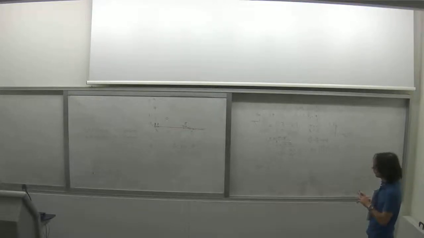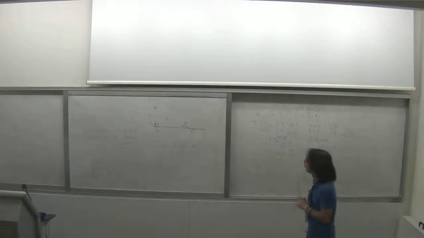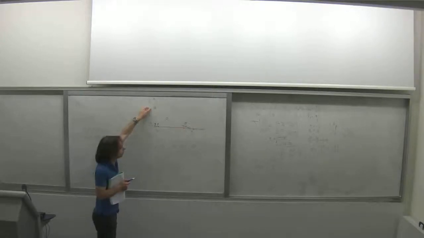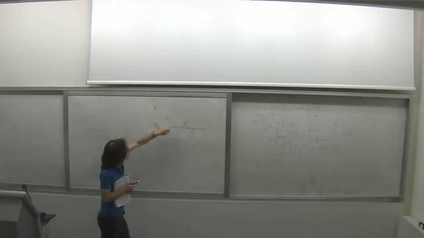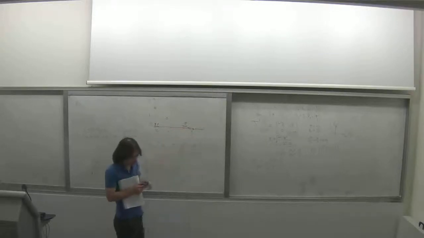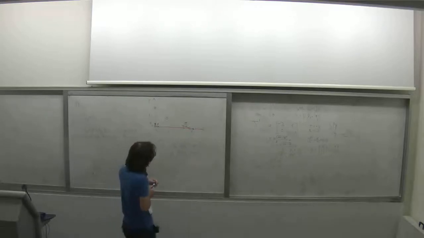This time you will cross the fixed point. You won't cross the fixed point, right? Yeah, you don't cross the fixed point. And you don't have oscillations in this case, because it's a regular node.